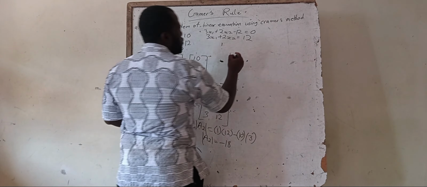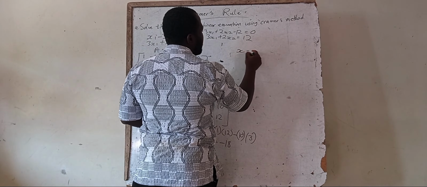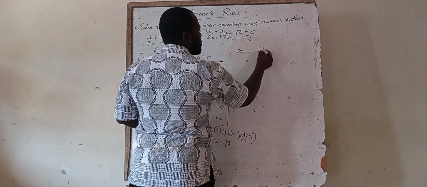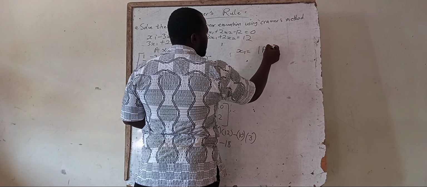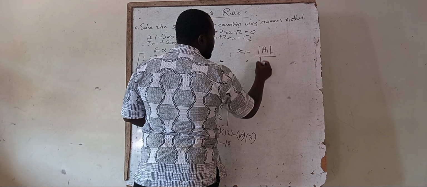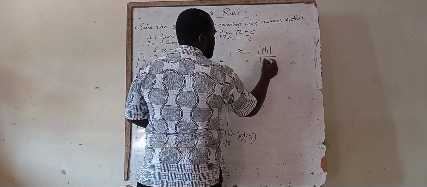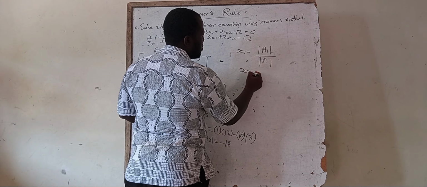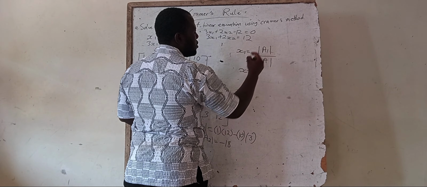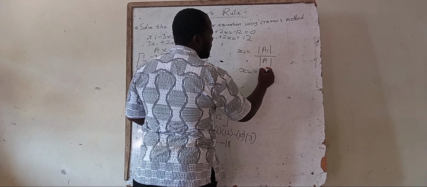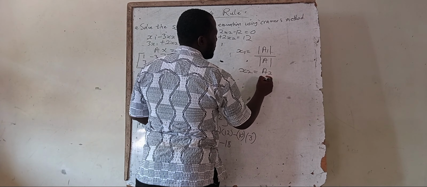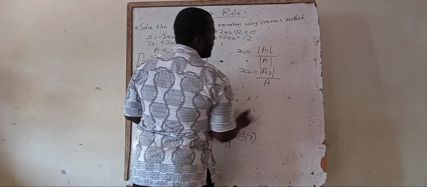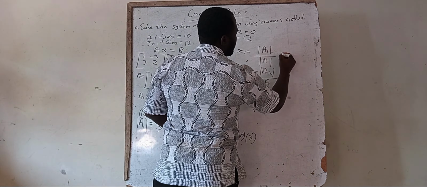After doing this, we find our x1 and x2 in this way. x1 will be equal to the determinant of A1 over the determinant of A. Then x2 will be equal to the determinant of A2 over the determinant of A. So what is the determinant of A1?